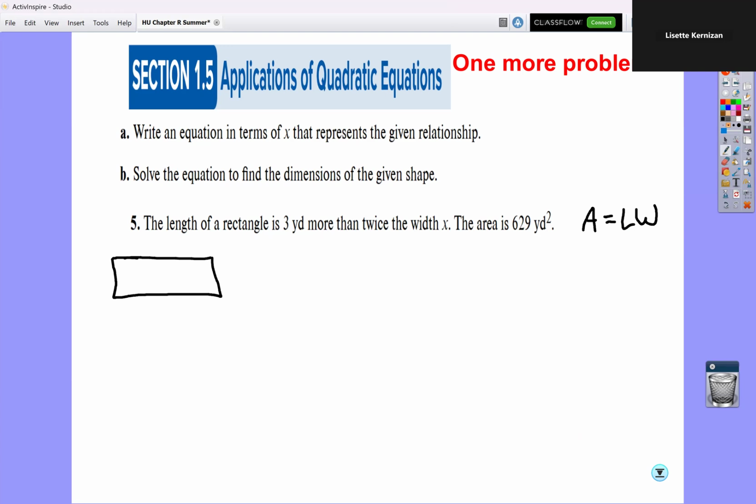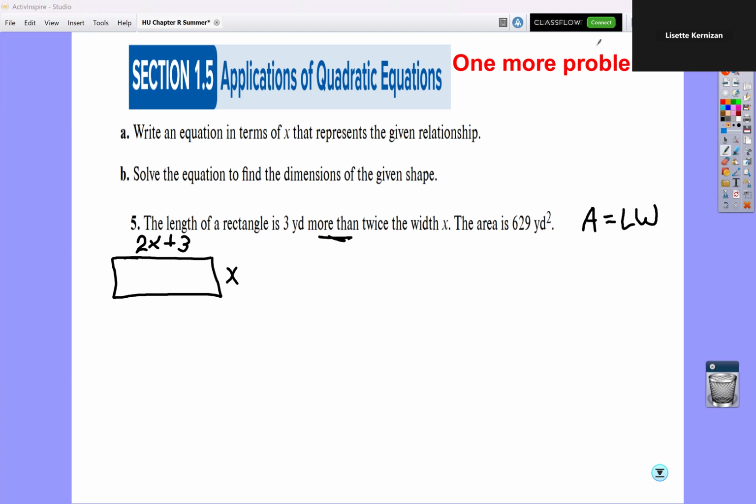It tells me that the length is 3 yards more than twice the width. So the length is 2x plus 3, 2 times the width plus 3. The width is going to be x because we don't know what it is.